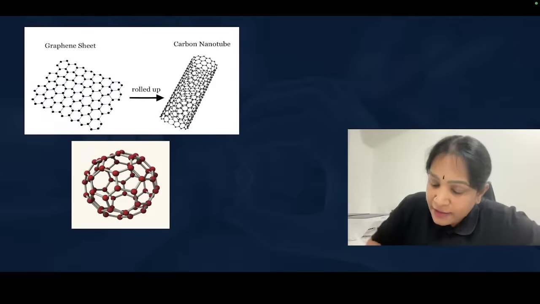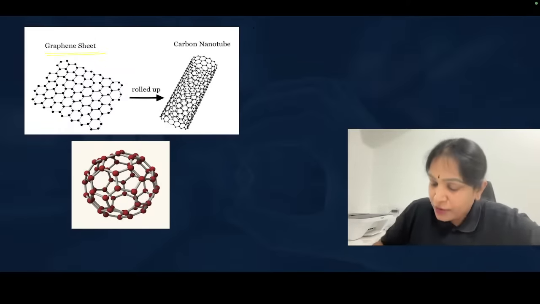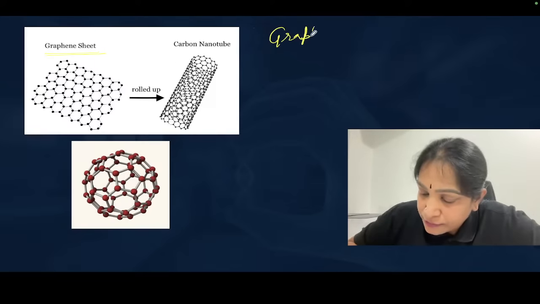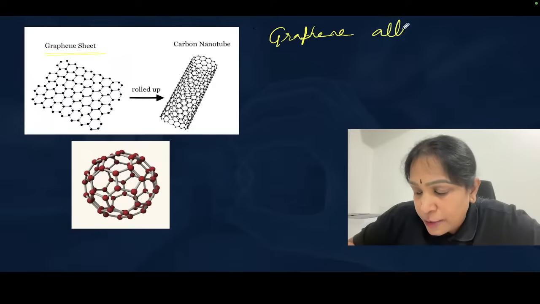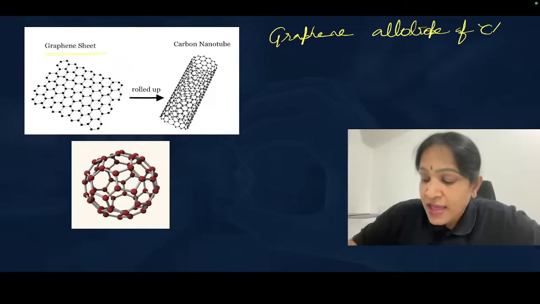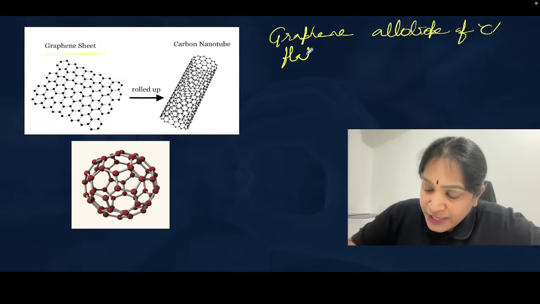Okay. Look at here. This is a graphene sheet. Graphene is an allotrope of carbon and it is a flat sheet, isn't it?